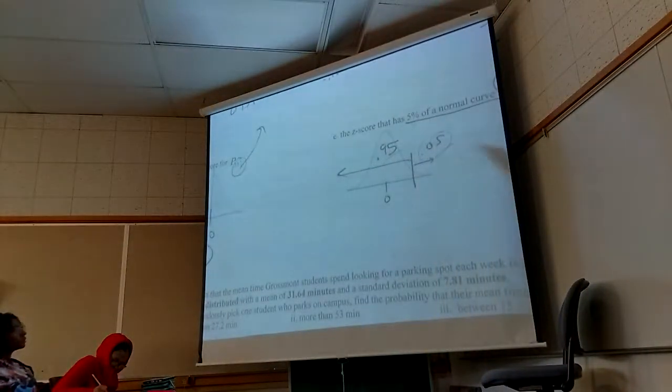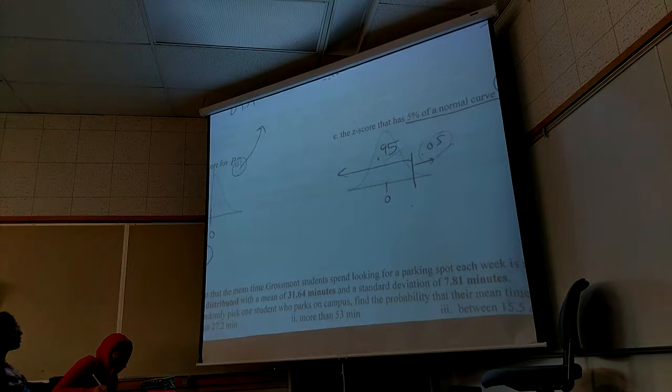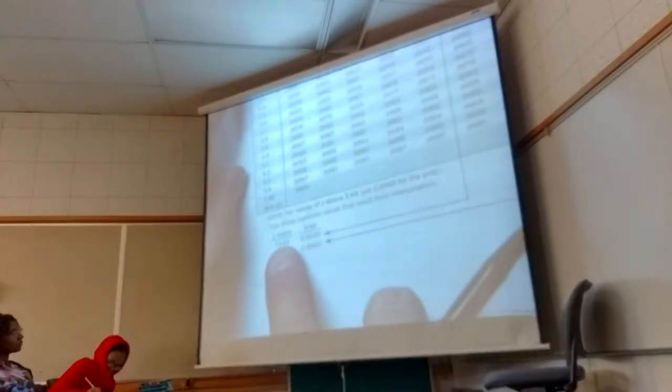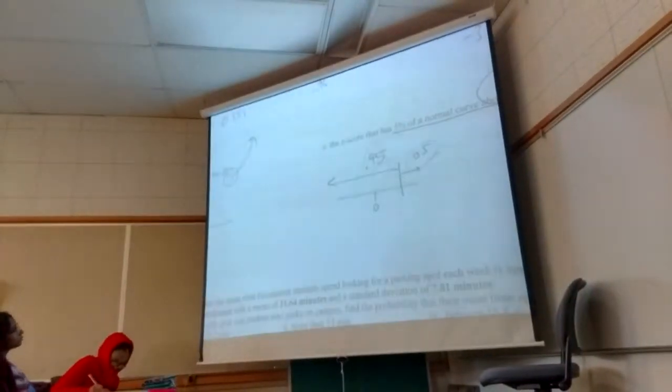Why are you very careful about that? Because these look like z-scores, don't they? Evil. So 0.95, you get something really interesting. You split the difference here, see that? 0.95 is right in the middle, so then you go down, 1.645. That's in between 1.64 and 1.65. It's 1.645. Split the difference.